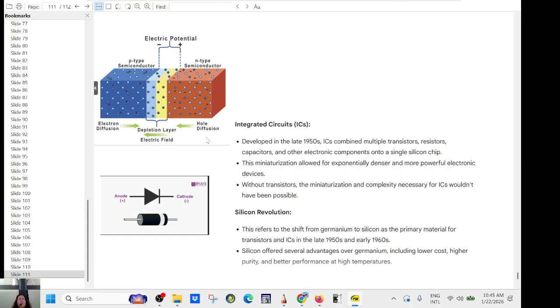So when you force a positive charge to go against the electric field, you need to provide energy. When a positive charge goes with the electric field, it will do the opposite. It's going to burp out energy. So the idea of the semiconductor is a p-n junction. What's the idea?